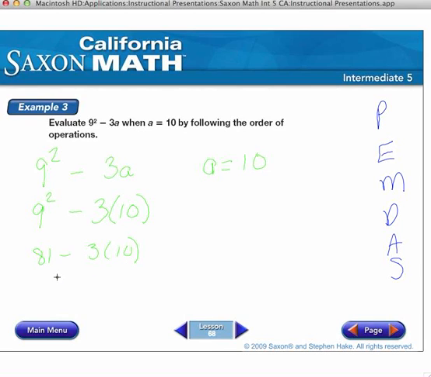Now I can solve my multiplication. 81 minus 30 is 51. Okay, so substitute first, then solve your exponents, then multiply, subtract, and you have your answer. Okay, one more example.